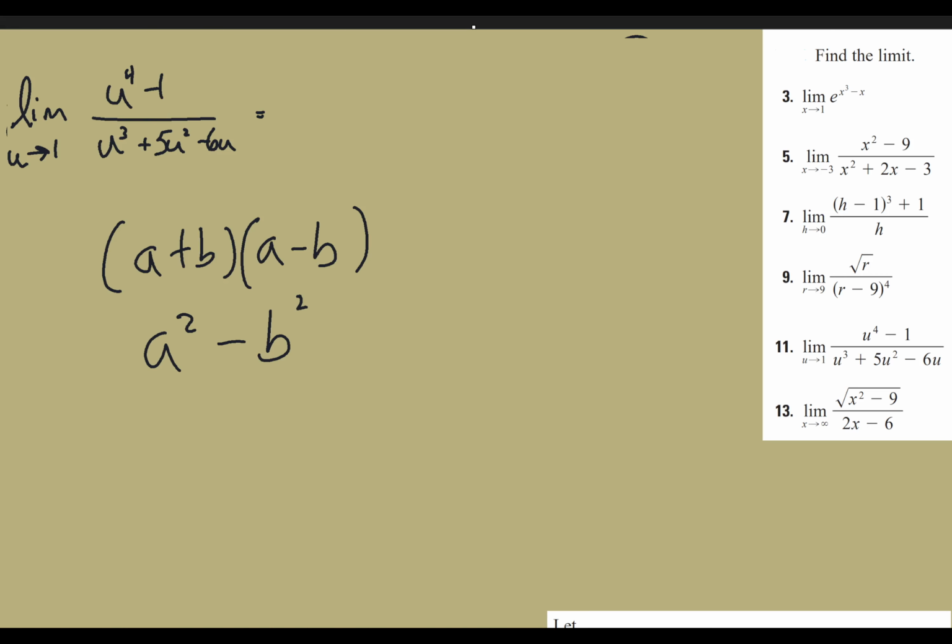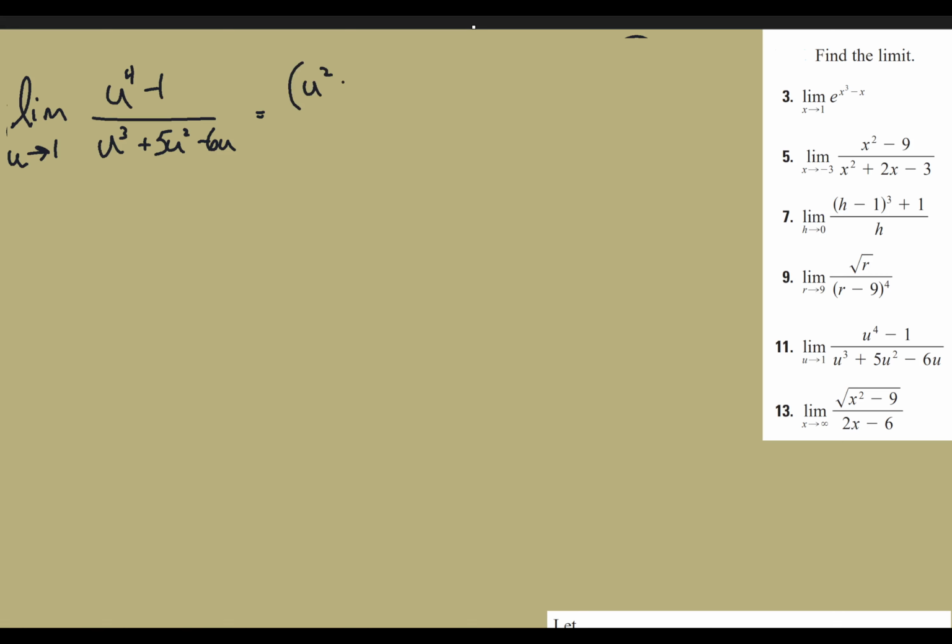Let's do it that way. Let's just see if it works. I'm going to say u squared minus 1 times u squared plus 1 over that malarkey, u cubed plus 5u squared minus 6u.